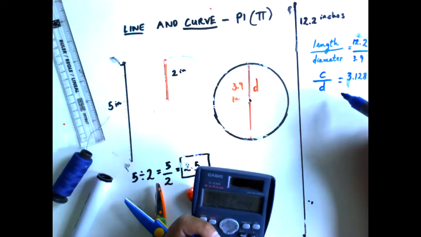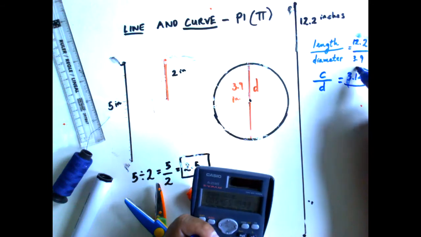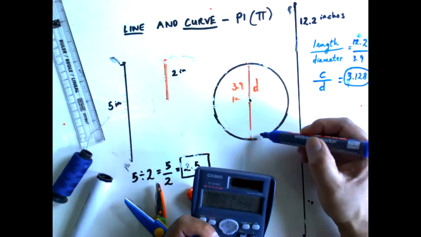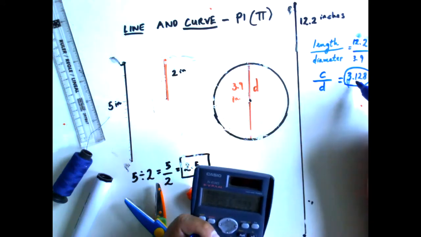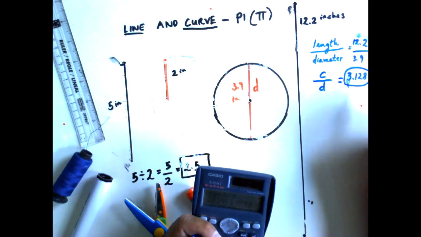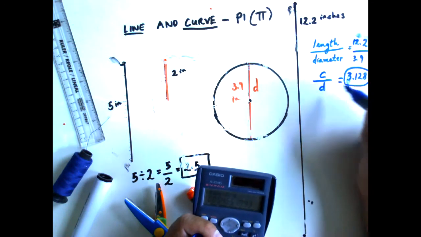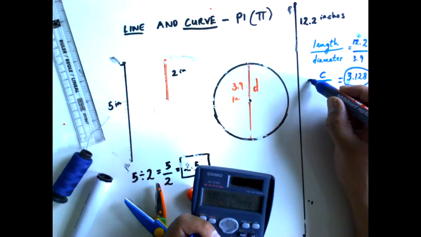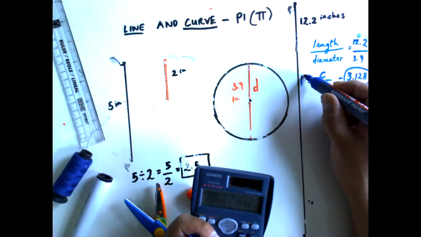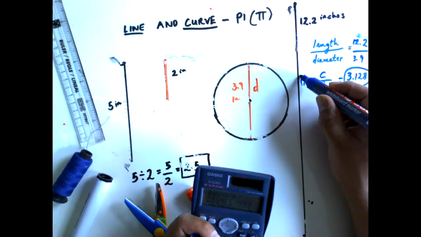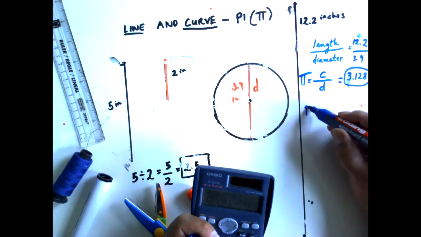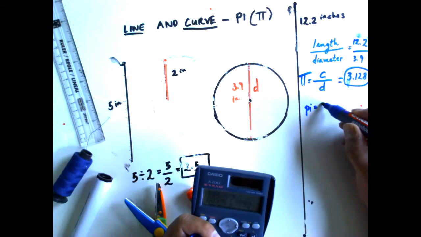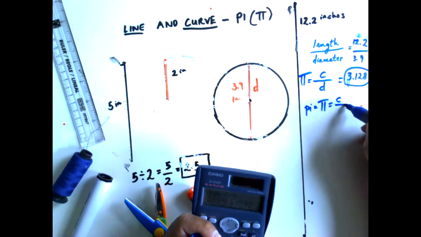Now, this number here, which means the diameter goes into the circle 3.128 times, has a special name and it's called pi, or the symbol pi. So pi is basically circumference over diameter.